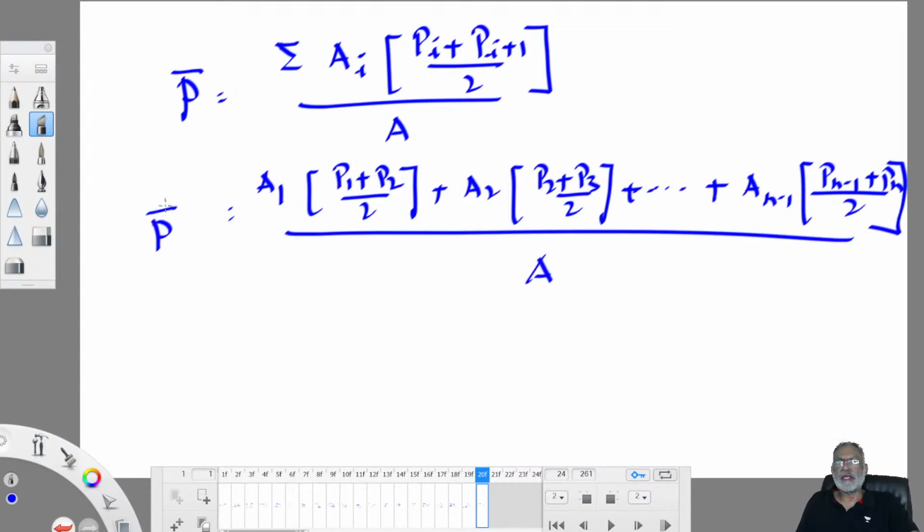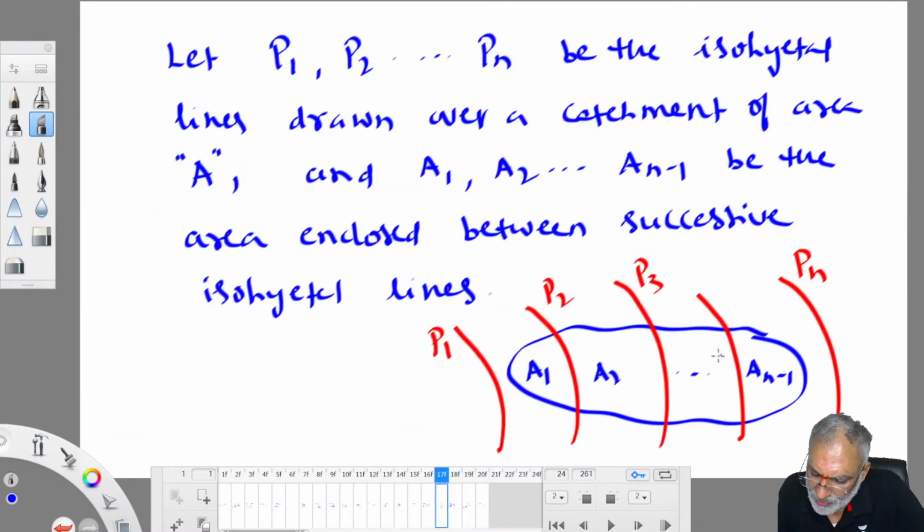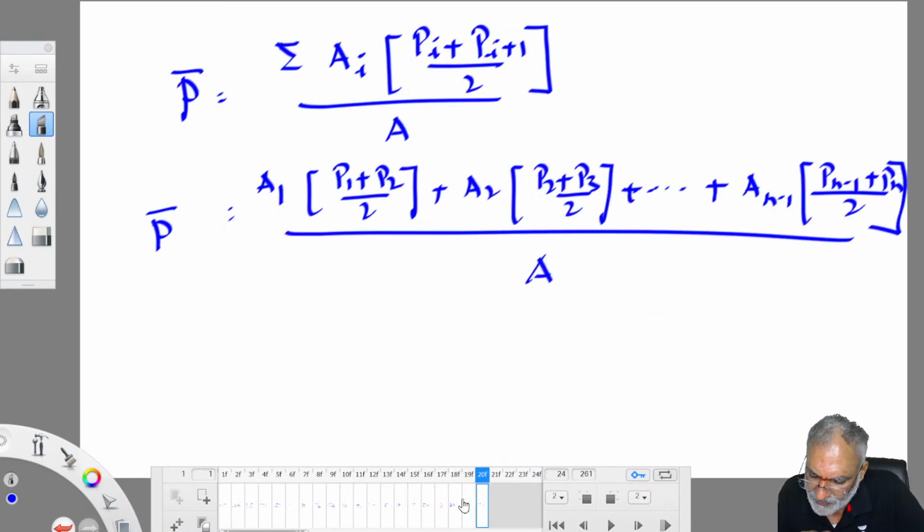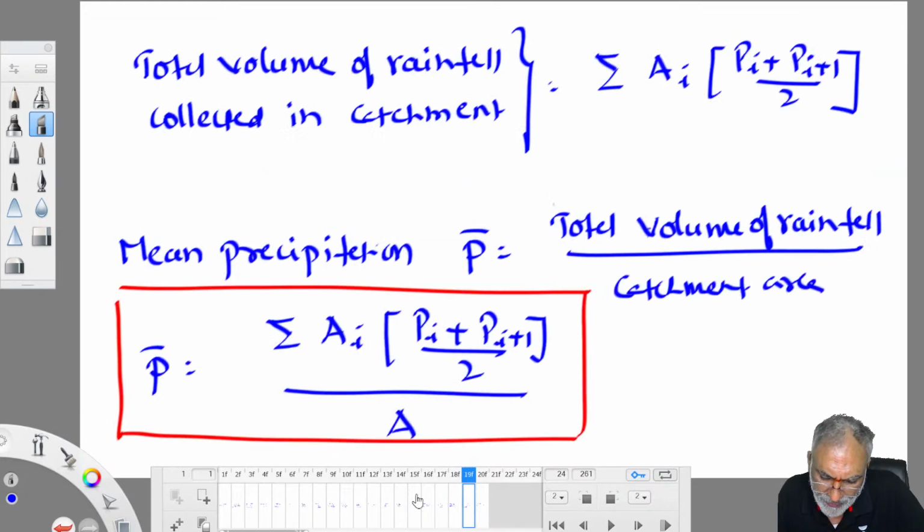This is so simple and so easy. So in this portion A3, (P3 plus P4) by 2, the volume collected from the catchment divided by the total area of the catchment will give the mean precipitation. So finally you have to remember this equation.